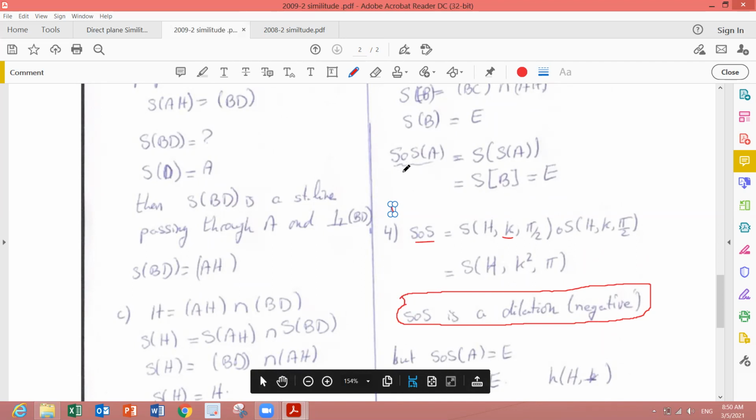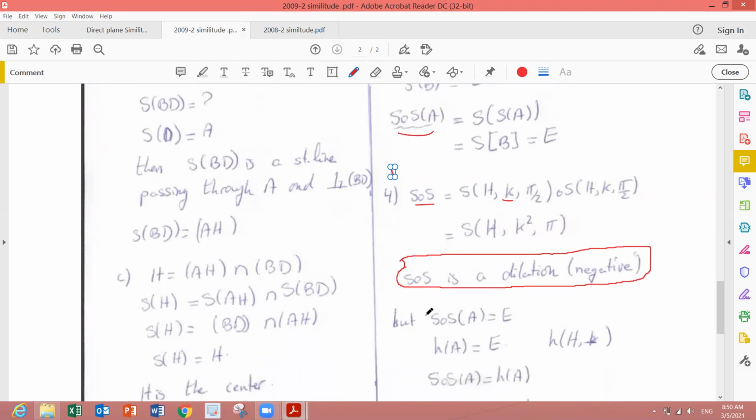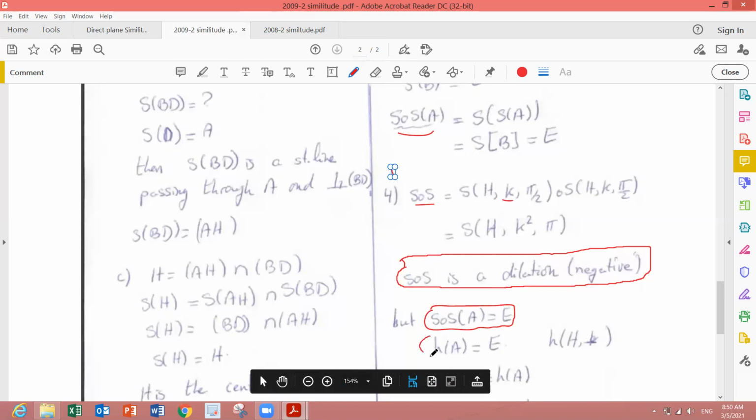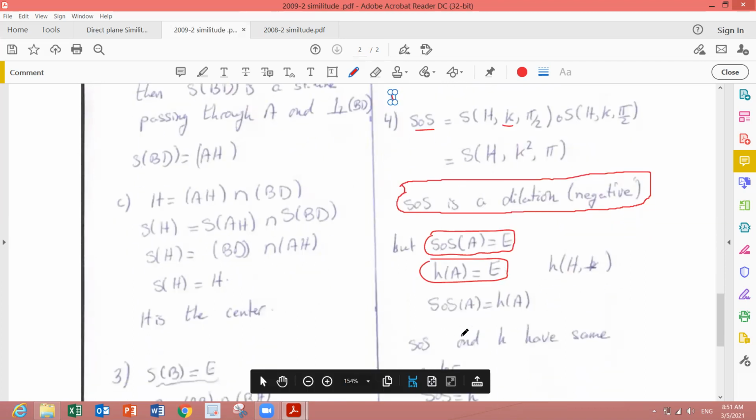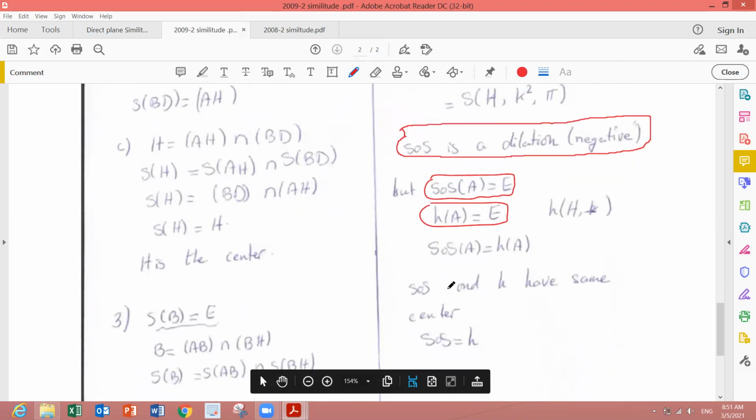But from the previous part, S round S of A equal E, and H of A equals E. So S round S and H have the same center. So S round S equal H.